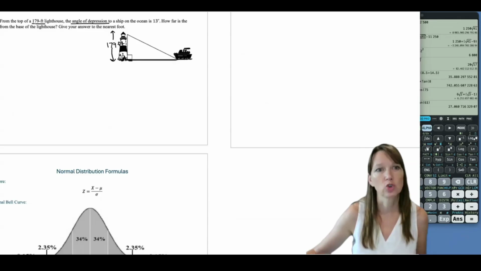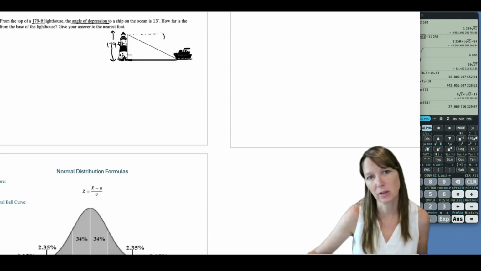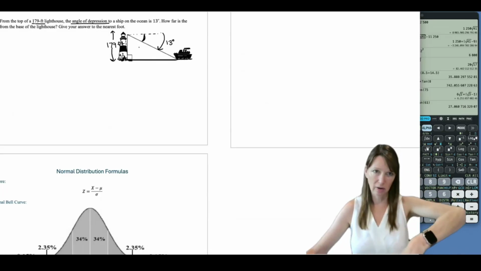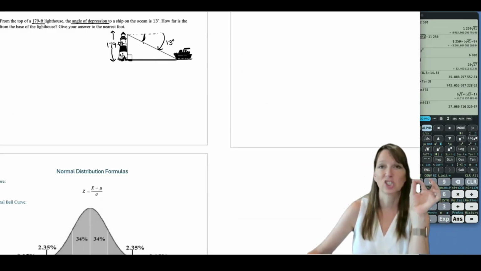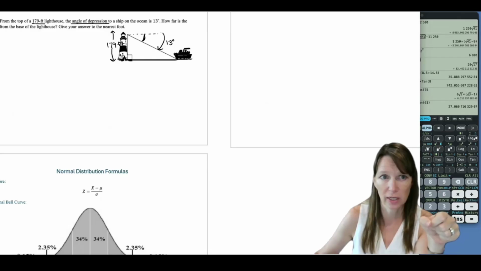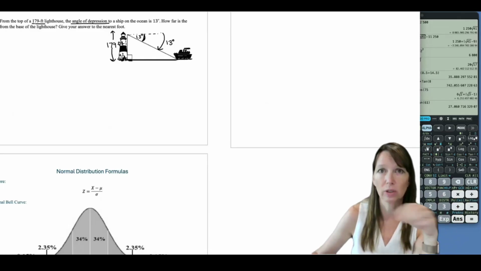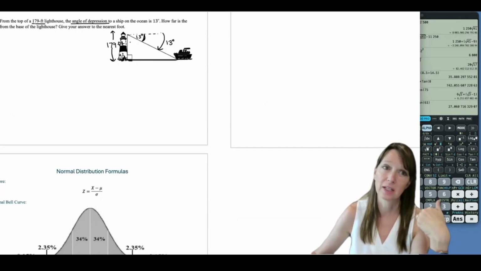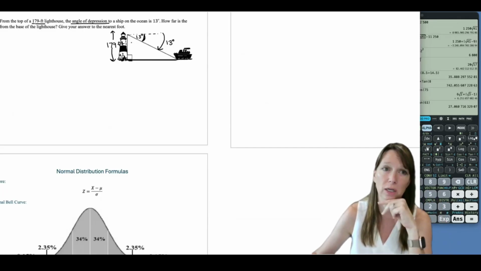So if I was drawing this, I'm looking out, and then as I look down, that's my 13 degrees, from the horizontal down. Now, that's actually outside of your triangle. And so we're going to have to do a little more math in order to get it inside your triangle. So there's two approaches here.